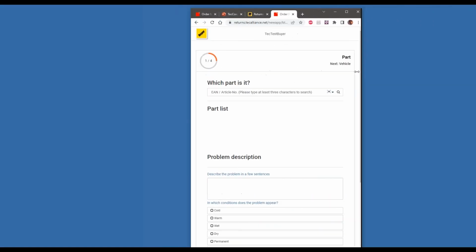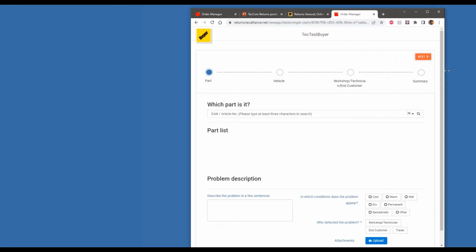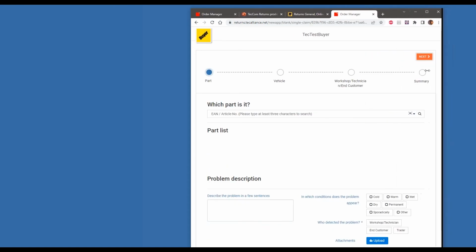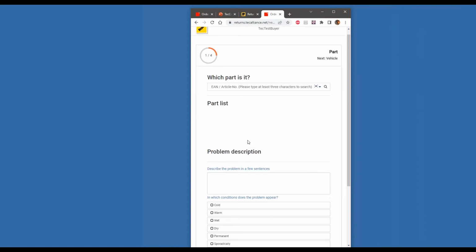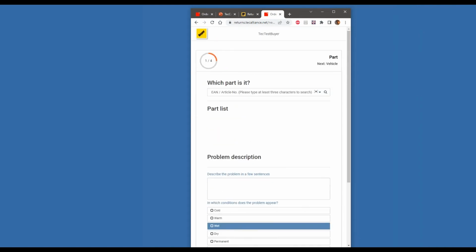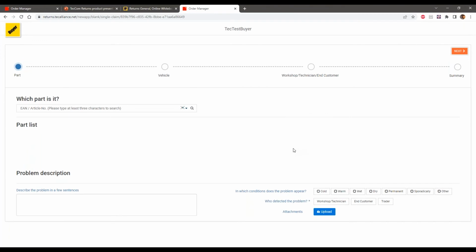But as you can see, this is really well responsive. This means even with really thick thumbs, you can click these buttons. It's your customer service that you will enhance here, because you do this only for your customers. So they can create a claim in a really, really easy way.